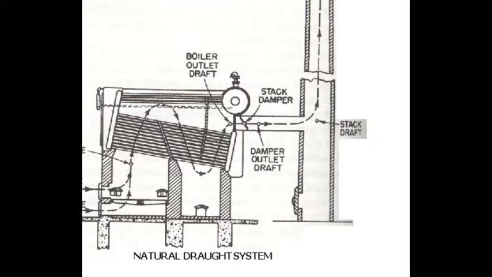So naturally, between the outside air density and the internal flue gas density, there is a density difference. Due to this density difference, the air comes inside the boiler naturally and flue gas exits the stack naturally. So that's why it is called natural draft.